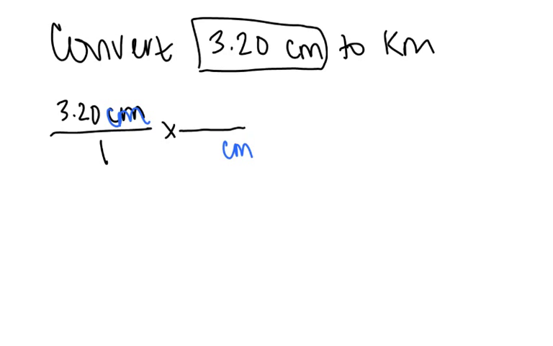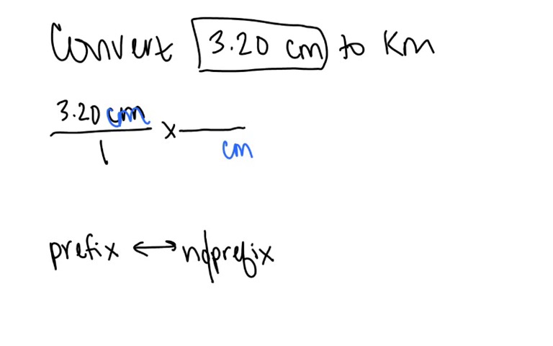So centimeters move down. Now, with metric prefixes, the way that those powers of 10 in your table are designed is so that you can go from a prefix back and forth to no prefix. So prefix to no prefix, or if you have no prefix, you can add a prefix. What that means is on the same fraction bar, you shouldn't see two prefixes.